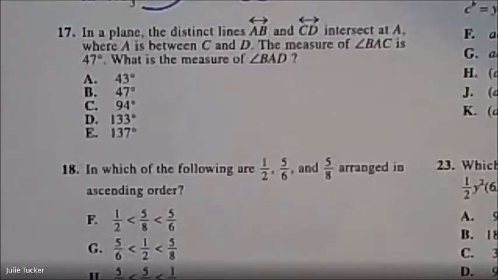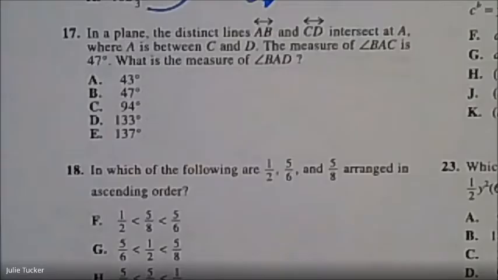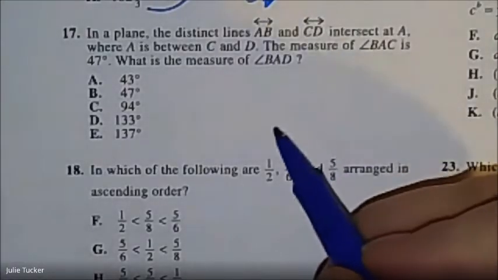Okay, number 17. In a plane, the distinct lines AB and CD intersect at A, where A is between C and D. All right, so let's draw that.